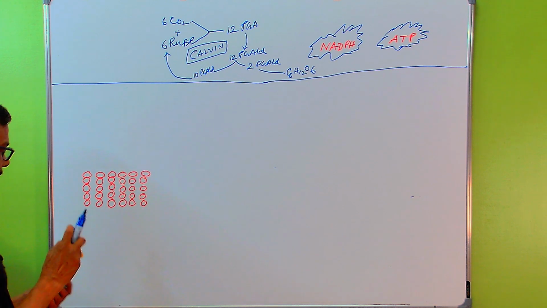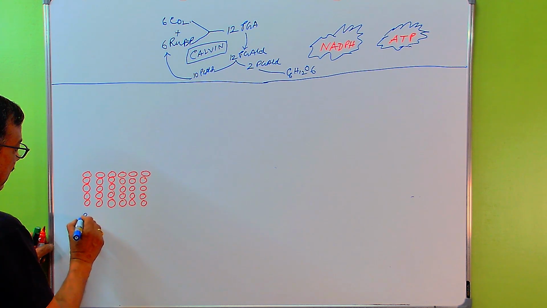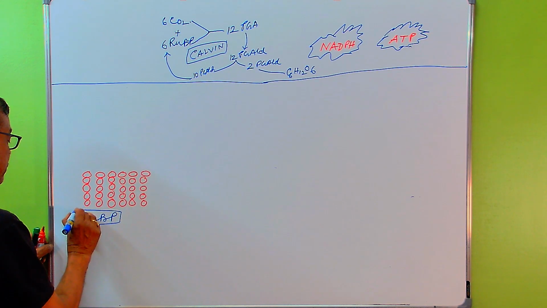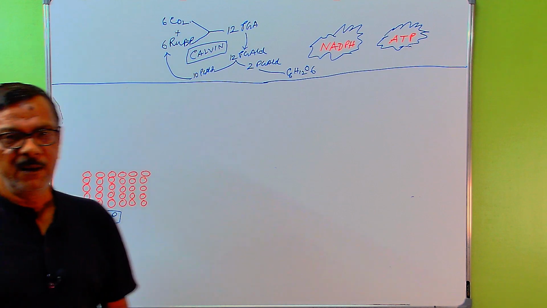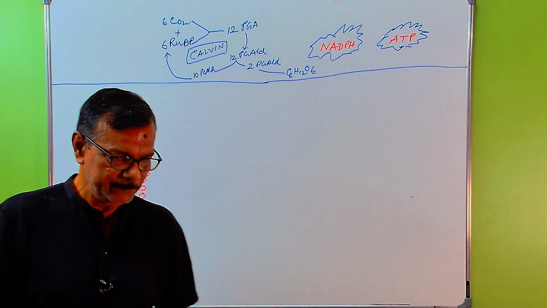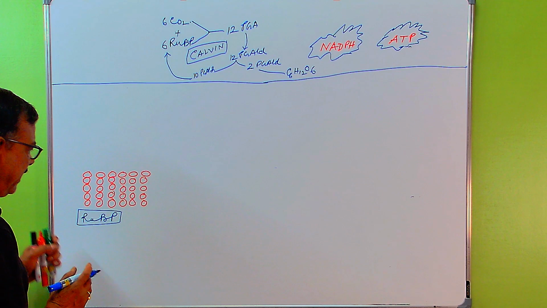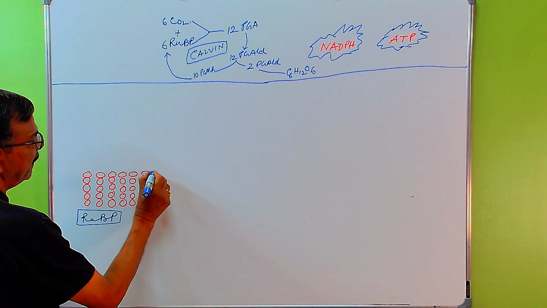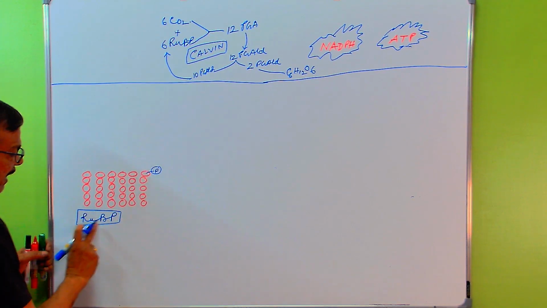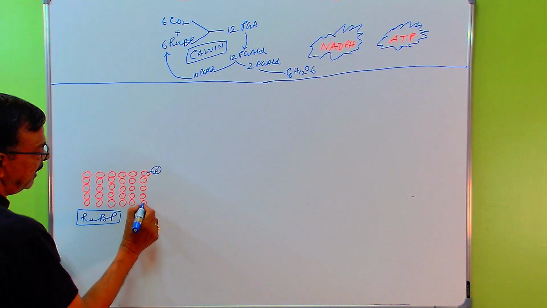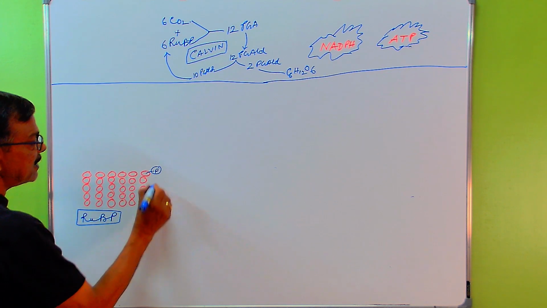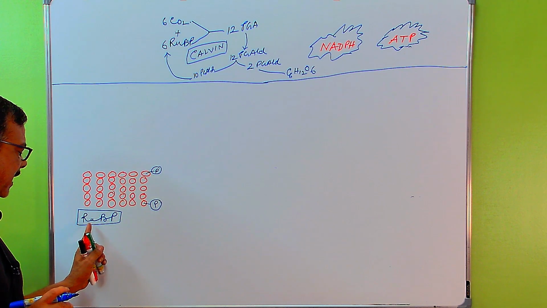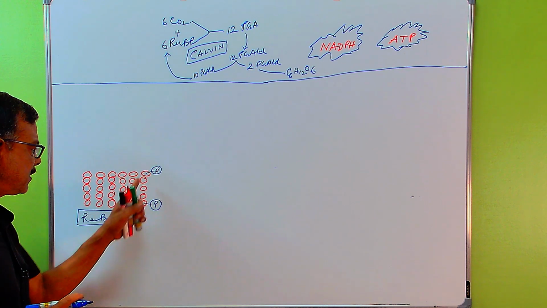RuBP. Previously we were calling it RuDP, ribulose diphosphate. But scientists have said here is one phosphate, so I am making it P. It is biphosphate or bisphosphate. Here is another P. Previously also, when we did it, we used to call it ribulose diphosphate.